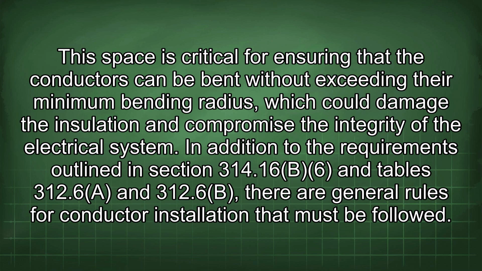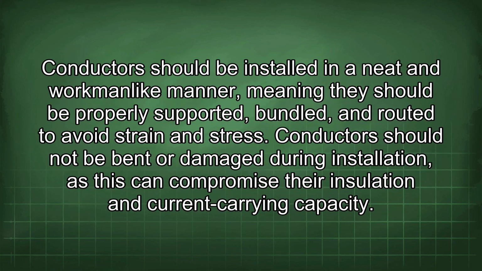In addition to the requirements outlined in Section 314.16(B)(6) and Tables 312.6(A) and 312.6(B), there are general rules for conductor installation that must be followed. Conductors should be installed in a neat and workmanlike manner, meaning they should be properly supported, bundled, and routed to avoid strain and stress.